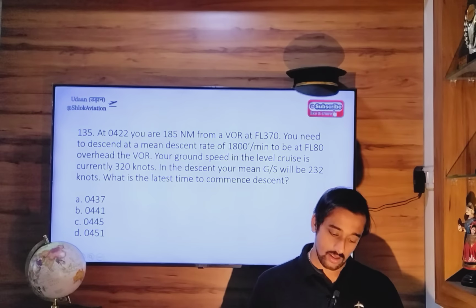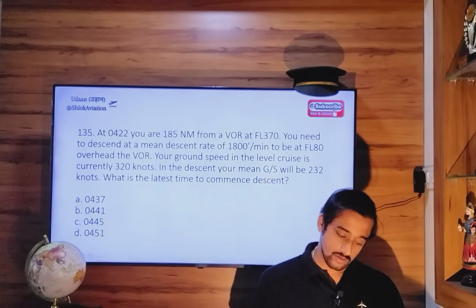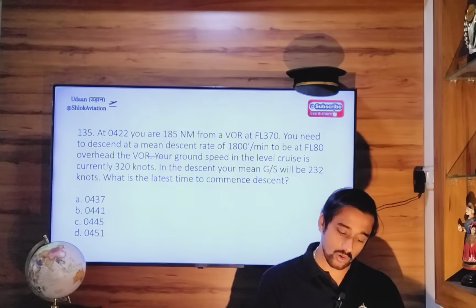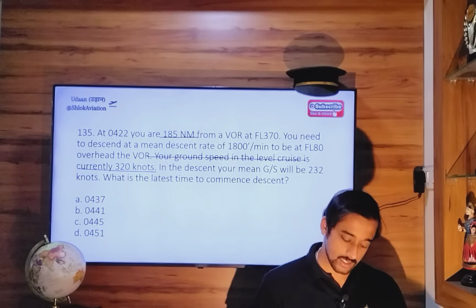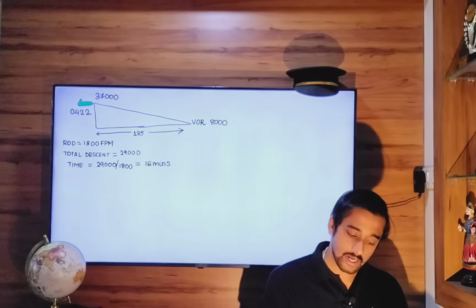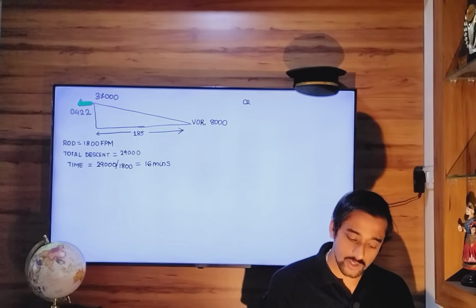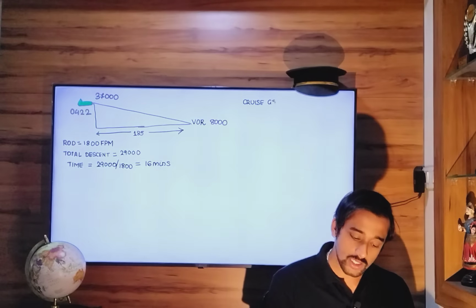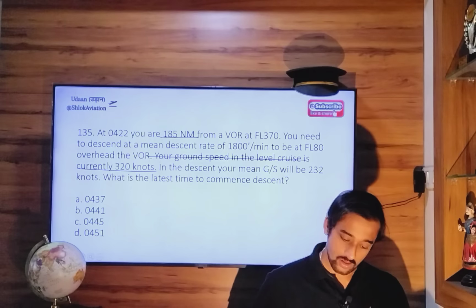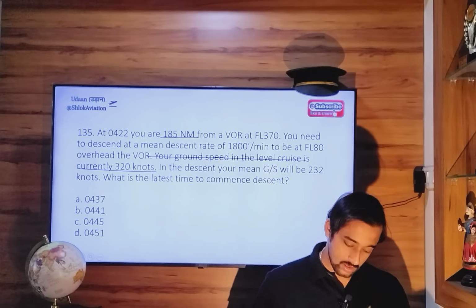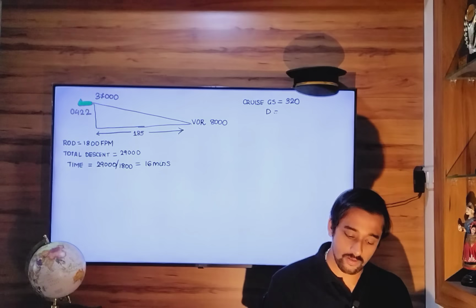Next, ground speed in level cruise is 320 knots and the distance is 185.